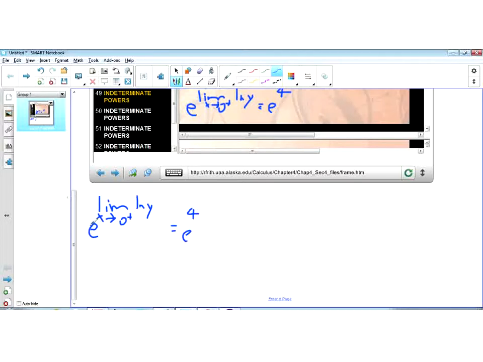Now, by the limit laws, since the exponential function, e to whatever, is a continuous function, we can take the limit operator outside of the exponent. Okay, this limit operator right there can be taken outside. We can only do this because the exponential function is continuous. It has limits everywhere.